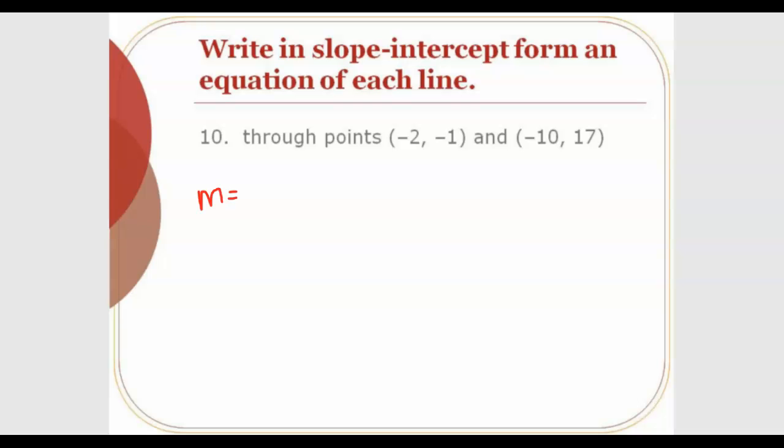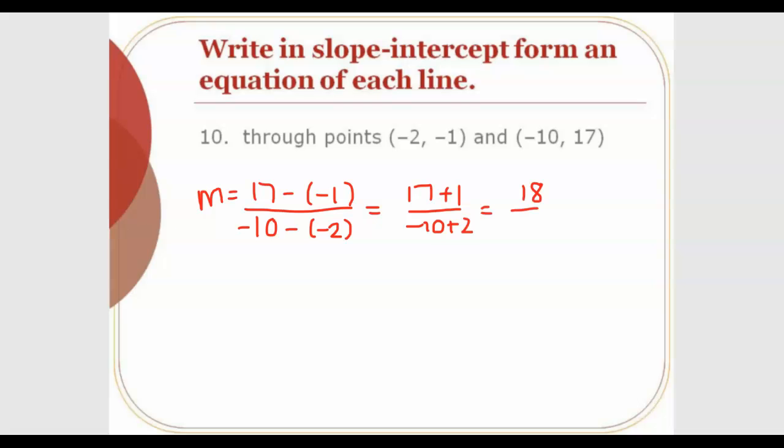So given 2 points, you must find your slope. And then plug in to your point slope form using either of the points given.